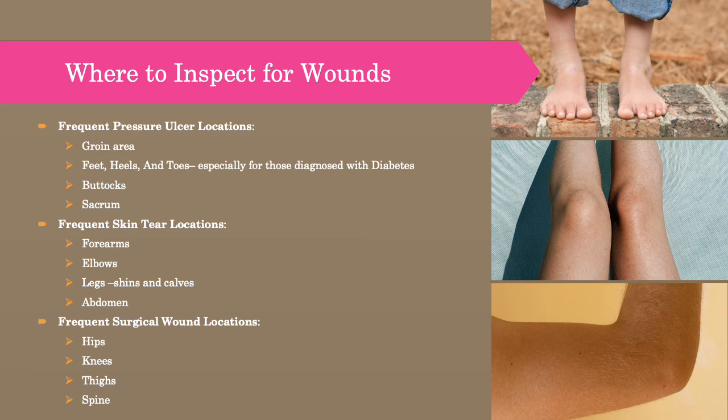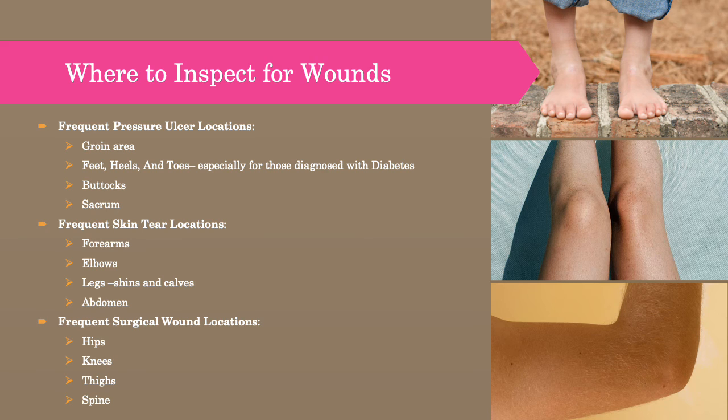I have on the slide frequent pressure ulcer locations to check for: the groin area, feet, heels, and toes, especially those who have been diagnosed with diabetes, the buttocks area, and the sacrum. For skin tear locations, it's important to check the forearms, the elbows, legs, especially the shins and calf areas, and the abdomen.